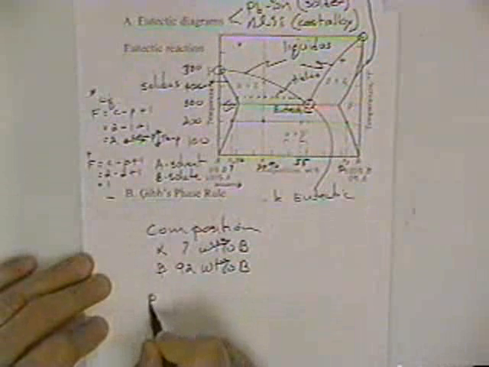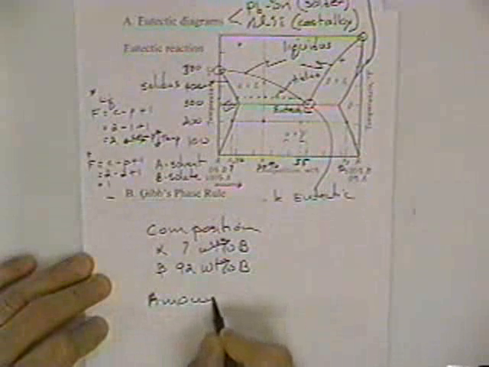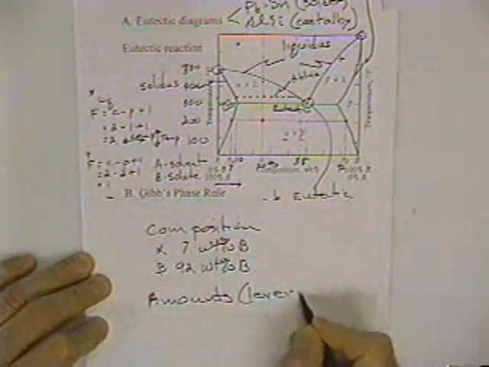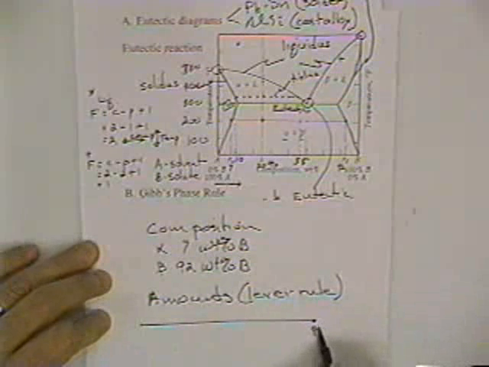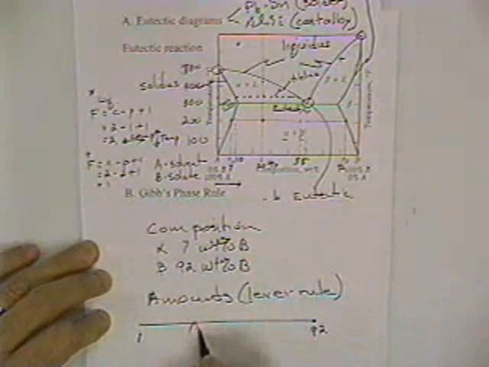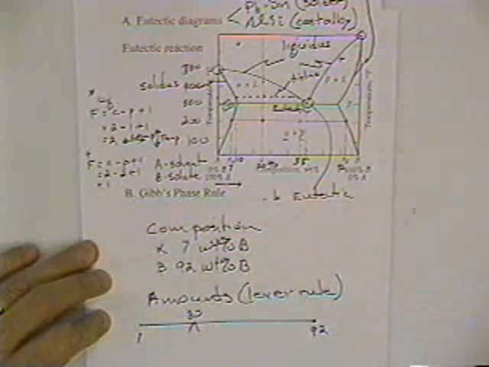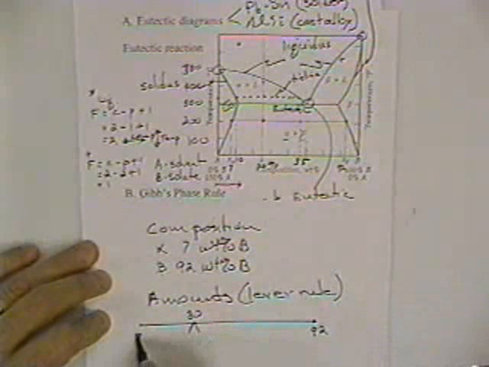Let's determine the amounts. And remember, to determine amounts, we've got to use the lever rule. For this calculation, our tie line is going to be 92, 7, and our fulcrum is going to be here at the point that we're interested in, which is about 30.